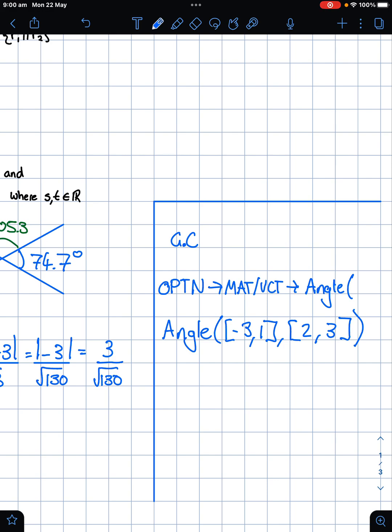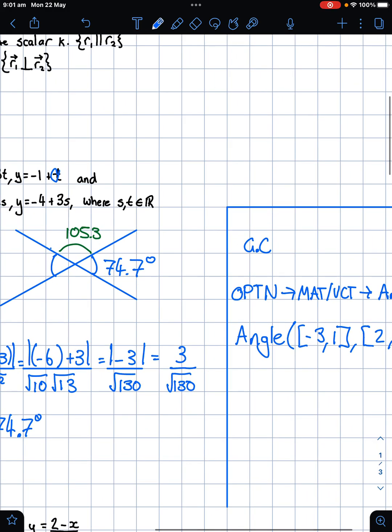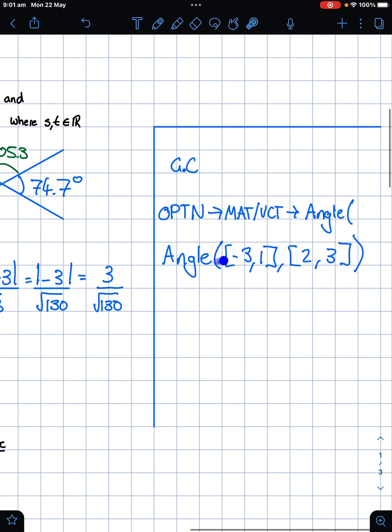So just putting this in, -3, 1, comma, 2, 3, close bracket. Interesting, when I did it this way, the angle without the absolute value in there has given me the obtuse angle here. So I've got this bigger angle when I did it in the calculator this way.